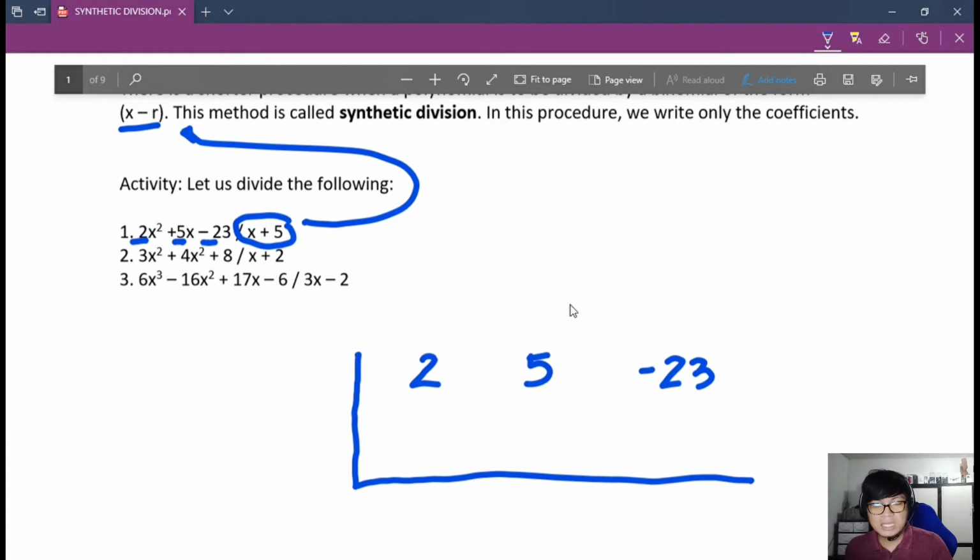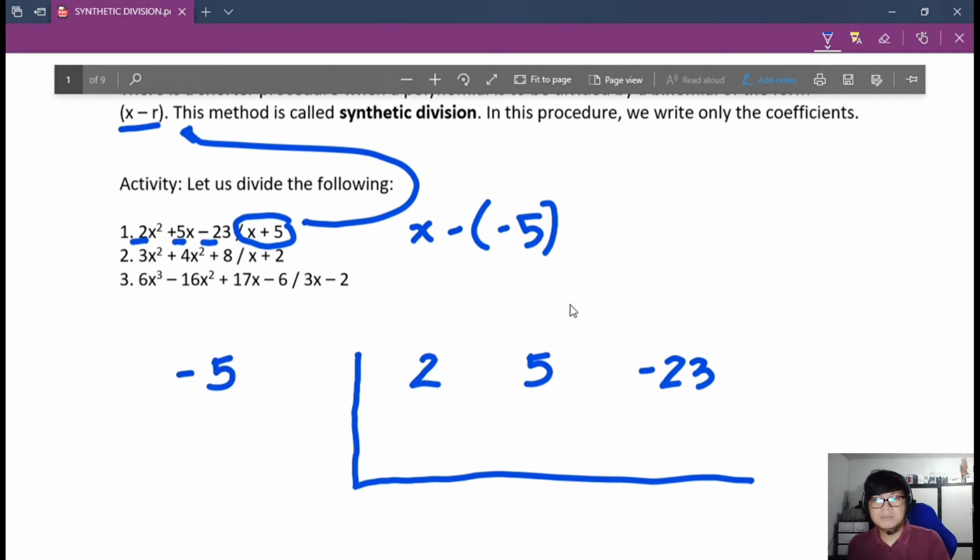So this x plus 5, pwede man natin siyang i-present as x minus negative 5. Because x minus negative 5 is x plus 5, which is the same. So yung r natin, ito yung ating divisor. So our divisor is negative 5.